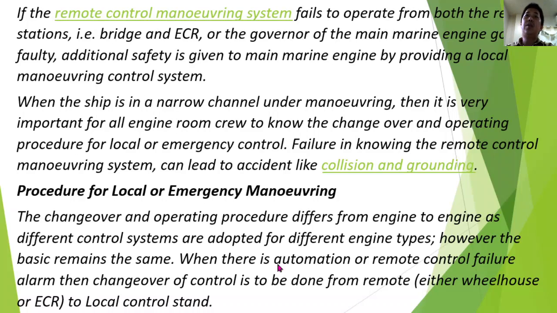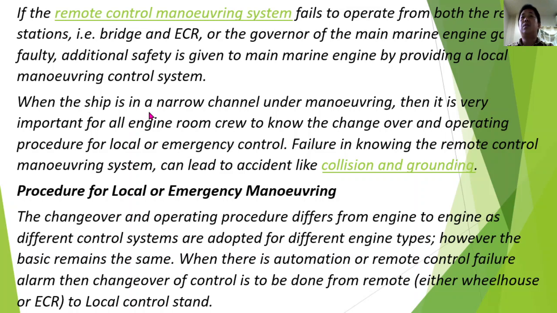If the remote control maneuvering system fails to operate from both remote stations, for example bridge and ECR, or the governor of the main marine engine goes faulty, as I said earlier, additional safety is given to the main marine engine by providing a local maneuvering control system.